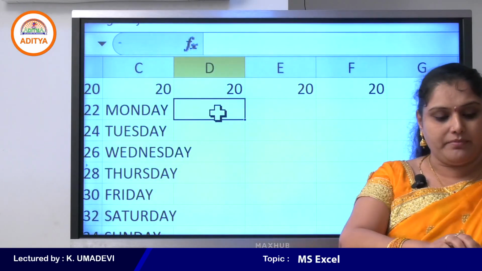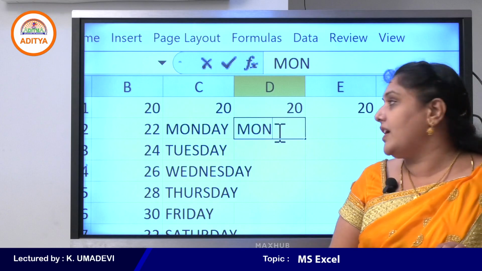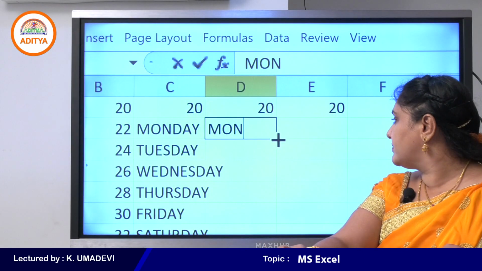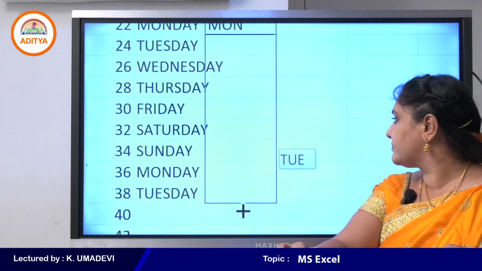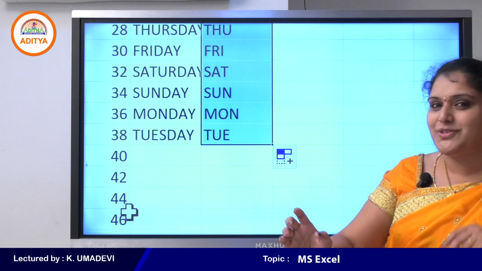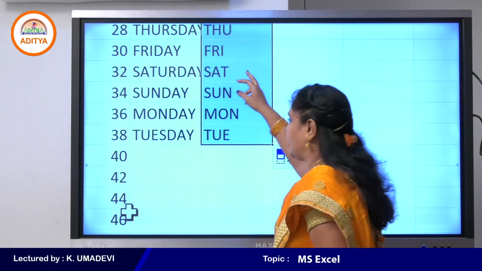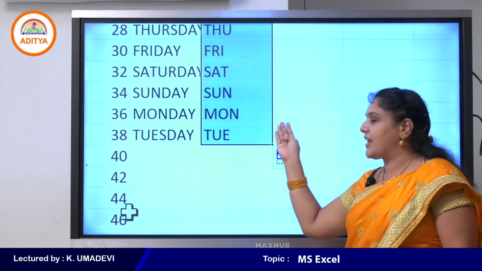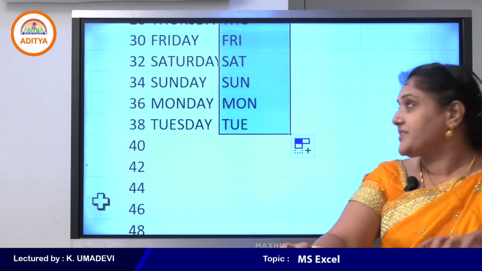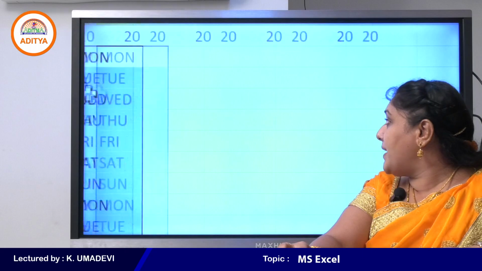So that is the full name. See, if you enter the first three alphabets of a weekday, again it gives the first three alphabets of the next day names, that is TUE, Tuesday, Wednesday, Thursday, Friday, Saturday, Sunday, Monday, Tuesday, etc. We can also fill the month names.